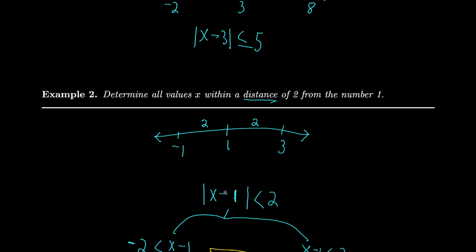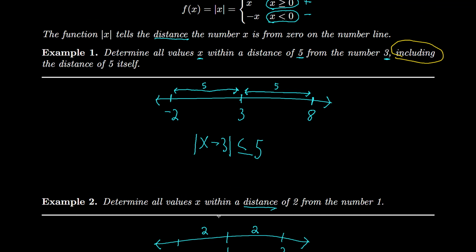In fact, we can even scroll back up here, and we can rewrite this as a compound inequality as well, just for a little bit of extra practice if you want to. You say that x minus 3, and then you take this symbol, put it on the left for this one, make it negative, and over here you write it again, except without the absolute value signs.